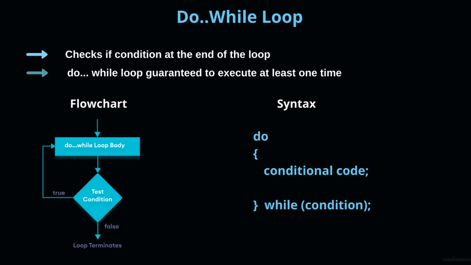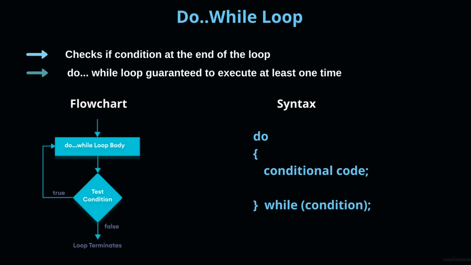As it is written, a do while loop is guaranteed to execute at least one time, because the condition is checked after the first execution. You can plan to work with the do while loop whenever you want to execute the loop on the basis of user interaction.